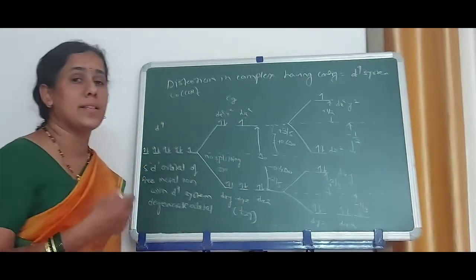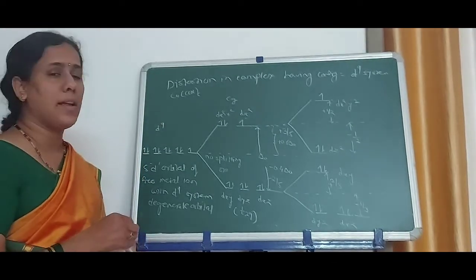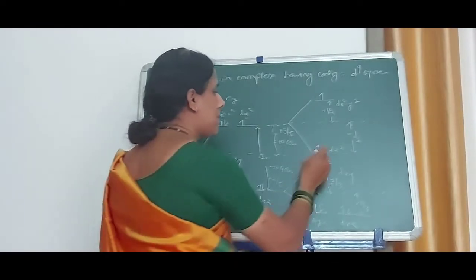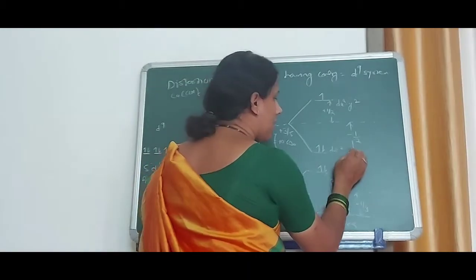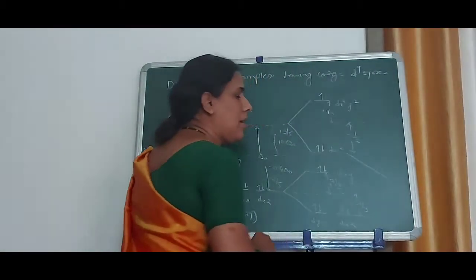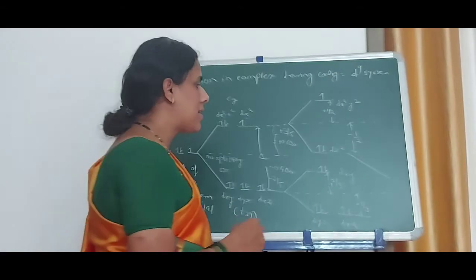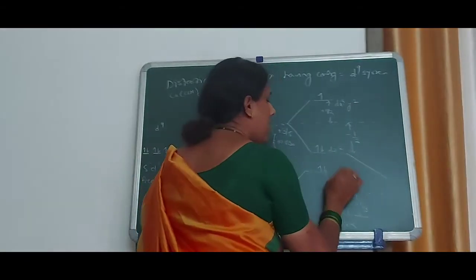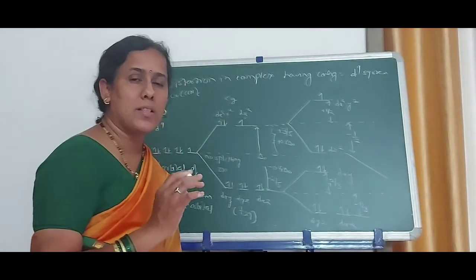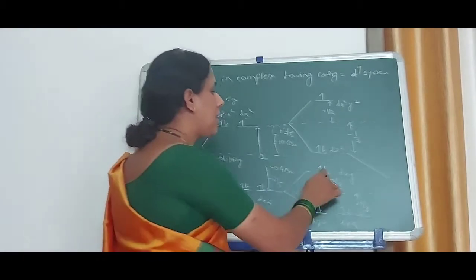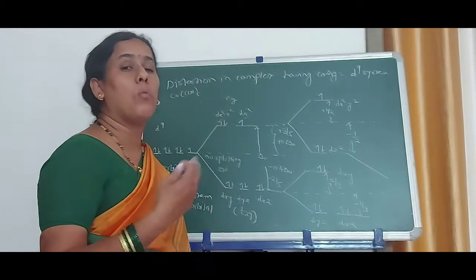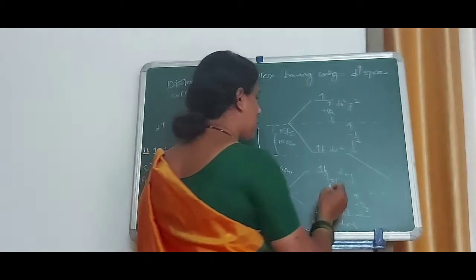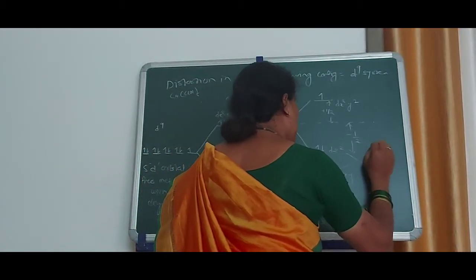When the axis is completely removed, what happens? This dz2 orbital again loses energy and acquires less energy. At the same time, the orbitals of ligands which are lying in between the axes resist the extra energy, and it can follow here.